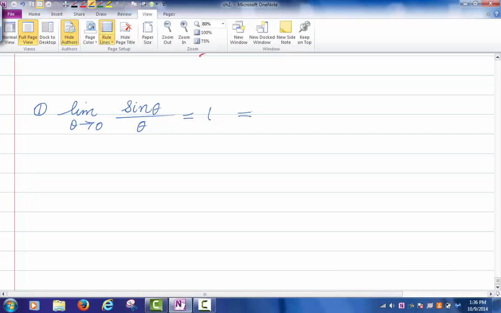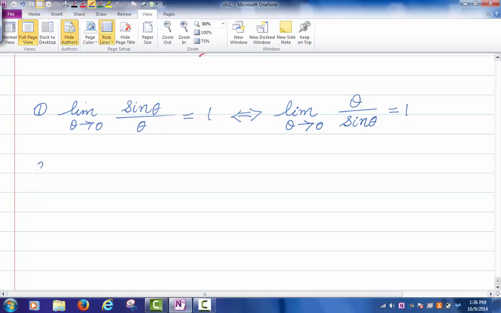Notice that this is equivalent to saying that the limit as theta goes to 0 of theta over sine theta is 1 as well. If a ratio goes to 1, then the reciprocal should also go to 1, right? Okay.